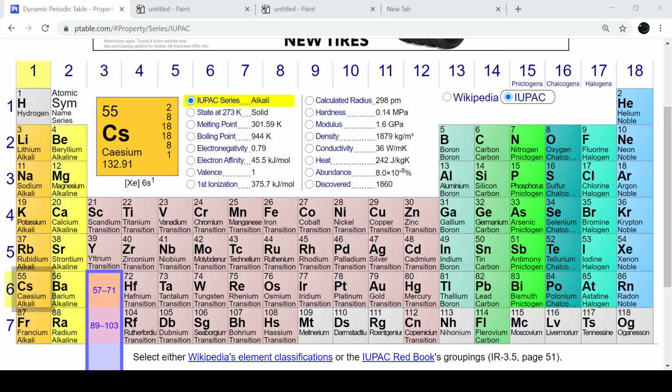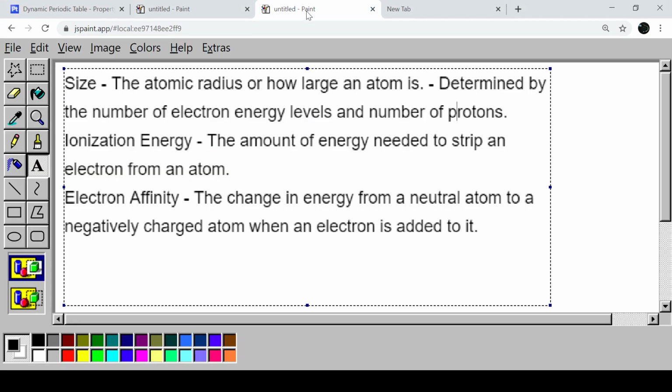And we're going to be covering three main topics here: size, ionization energy, and electron affinity. The first one, size, is the atomic radius, and this is typically how we measure it.